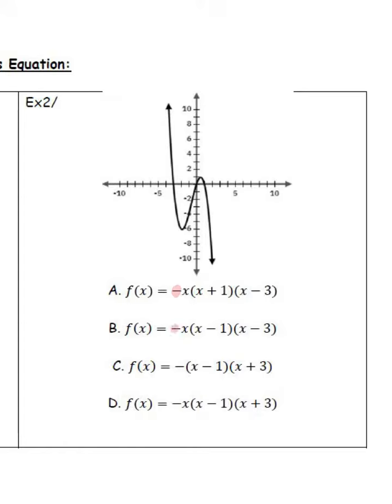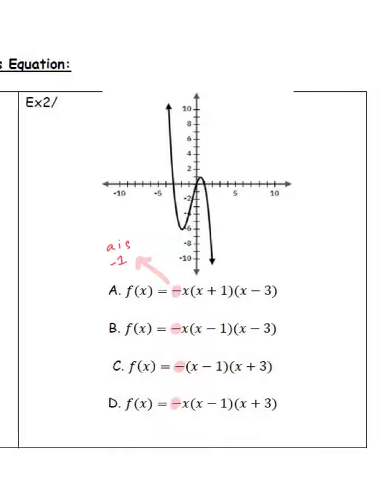There isn't a number, but there's a negative symbol. That means that the a value is -1. We don't write the number 1, we just write the negative symbol. So the a value is the same for all of these, so I don't have to worry about that.